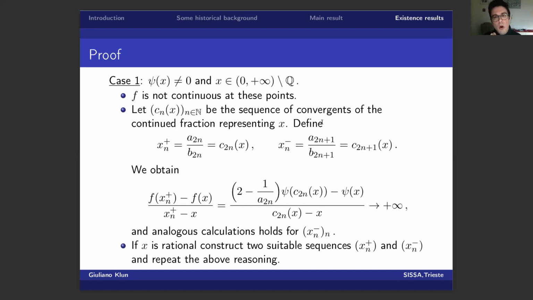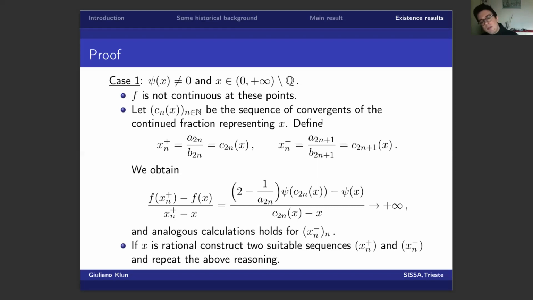We will work now in the case x is positive and irrational and psi of x is non-zero. The case when x is negative is the same, but in this case, the roles of xn plus and xn minus are reversed, because the odd approximants in this case are approximations by excess and the even are approximations by defect.